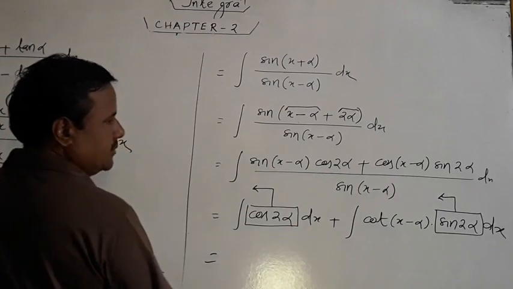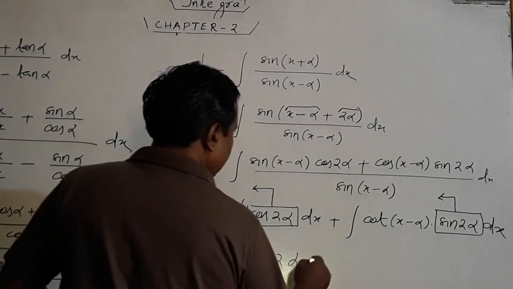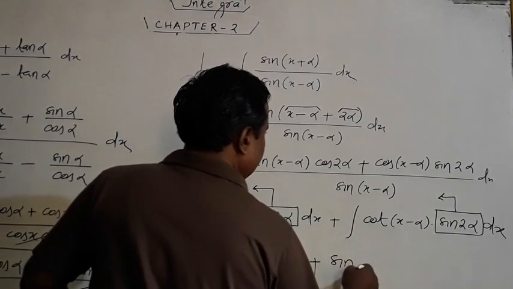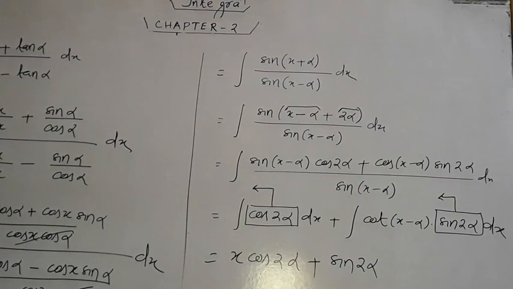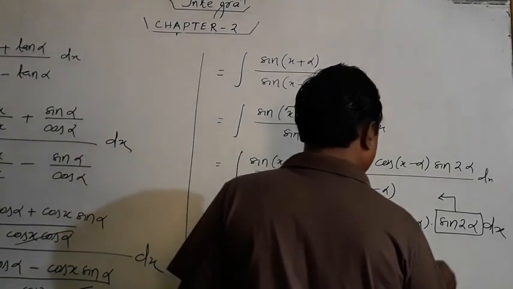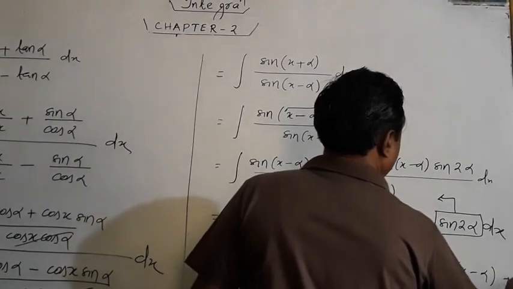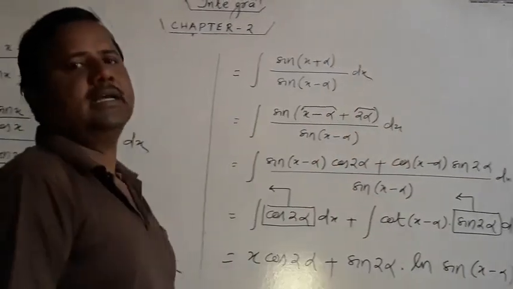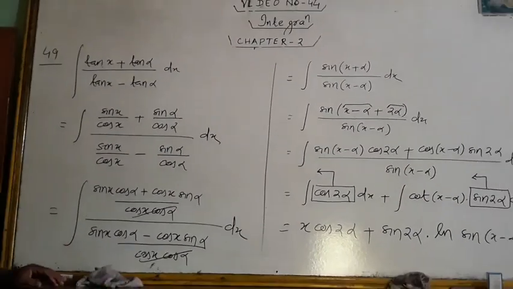Integration of dx is what? x. It is x cos 2 alpha plus, if sin 2 alpha will go outside, integration of cot x minus alpha, it becomes ln what? Sin x minus alpha. My dear students, I have done these 49 problems.